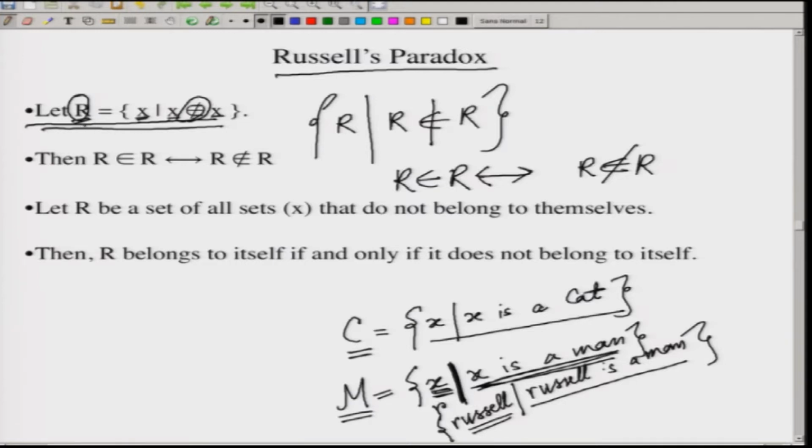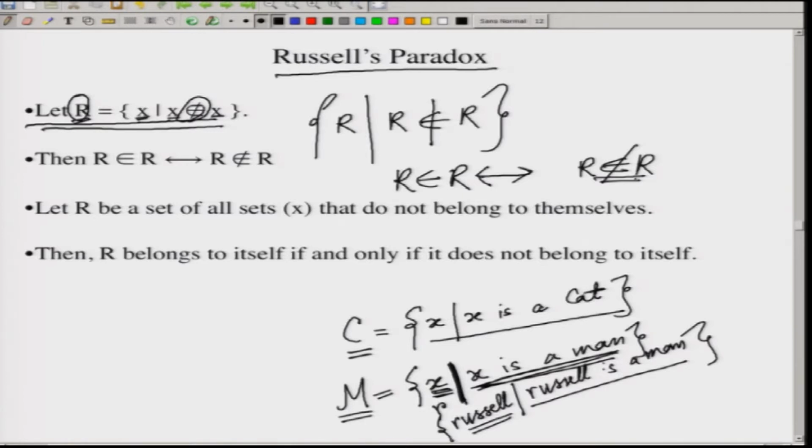Now, is R a member of R? Suppose R is. If R is a member of R, then R does not belong to itself. Is R not a member of R? In that case, if R is not a member of R, then R belongs to itself.